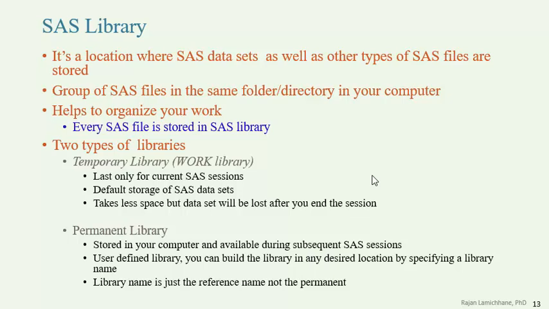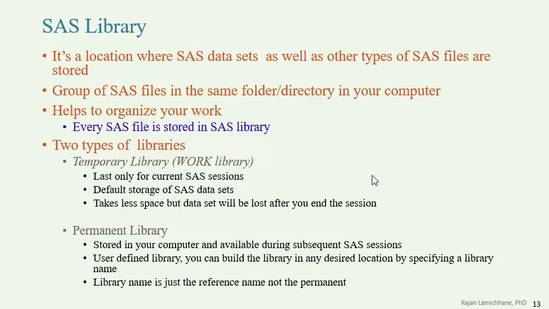The temporary library is also called the work library. Your data lasts only for the current SAS session. And once you end that SAS session, then you lose the data. The SAS temporary library is the default storage of SAS. When you end the SAS session, your data is gone.